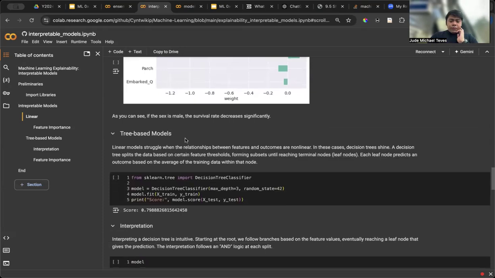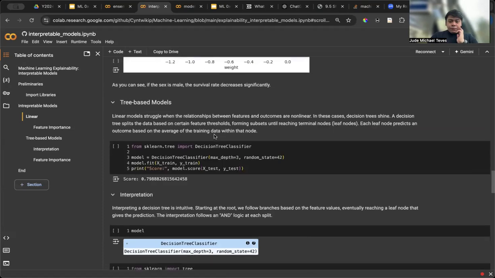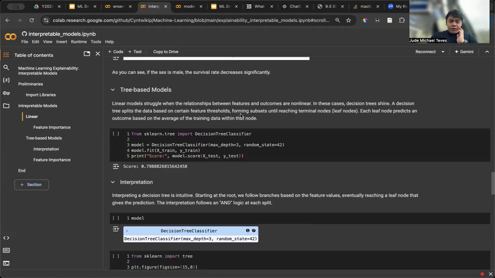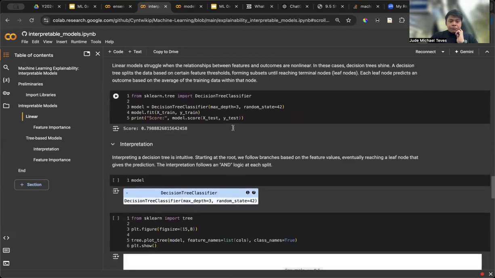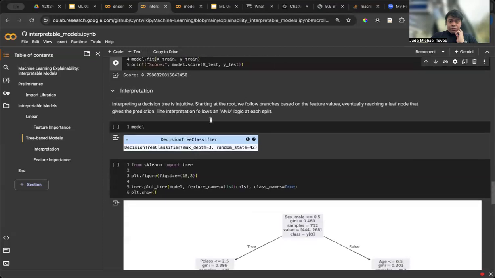Another model that we could use for interpretability purposes is a tree-based model, like a decision tree. A decision tree splits a dataset on certain feature thresholds, forming subsets until reaching terminal nodes or the leaf nodes. So we've trained the model. Interpretation is very straightforward.